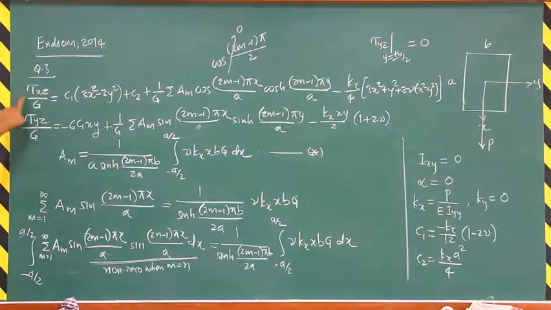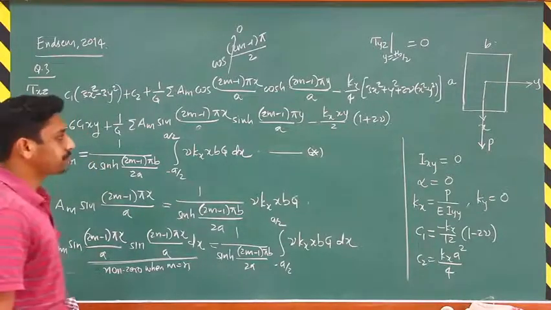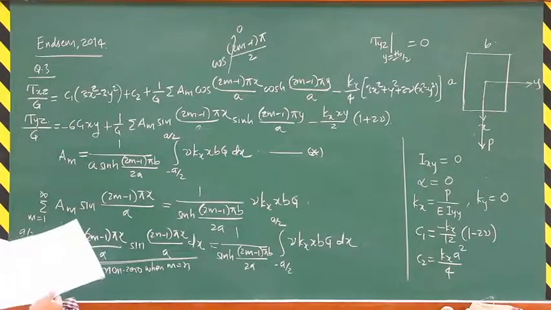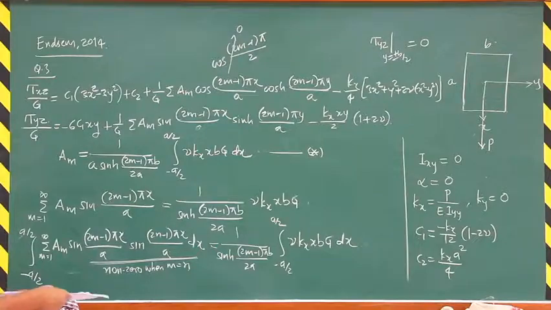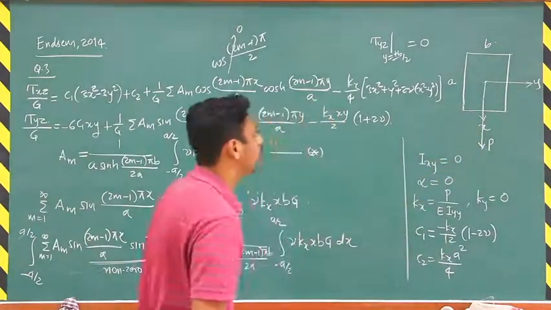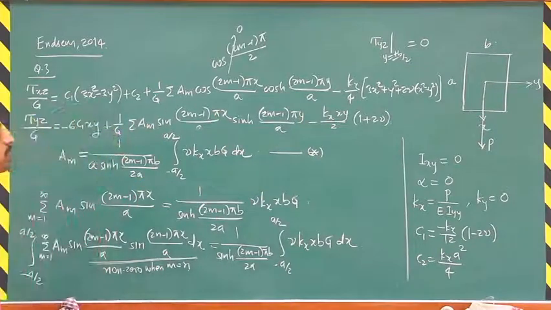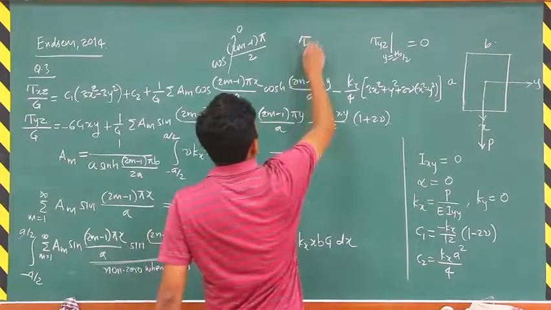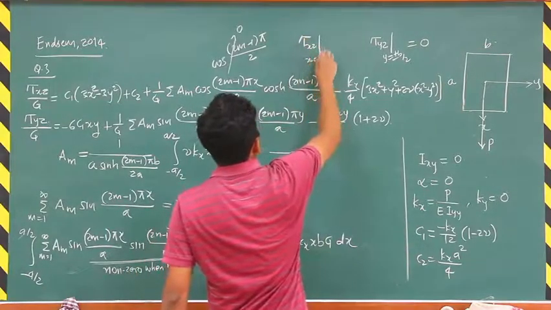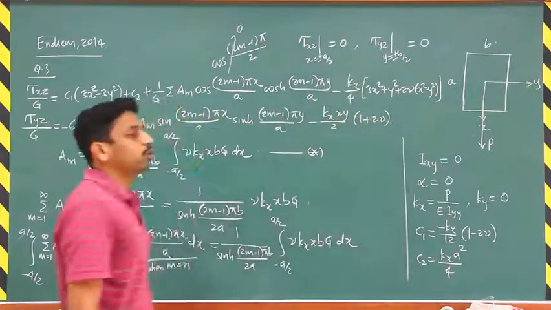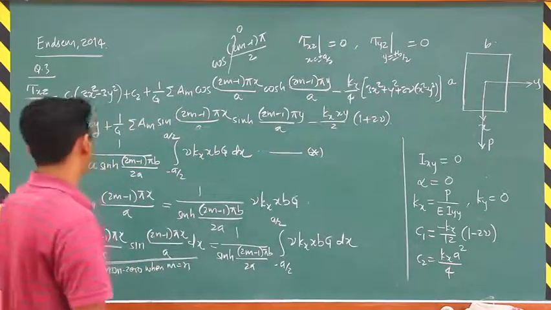So in these two expressions we have the constants c1, c2 and Am. To find these constants we need boundary conditions. The first boundary condition is that the lateral surface is traction free. From the traction free boundary conditions on the lateral surface, we have got these two conditions: tau xz at x equal to plus minus k by 2 and tau yz at y equal to plus minus b by 2 equal to 0.